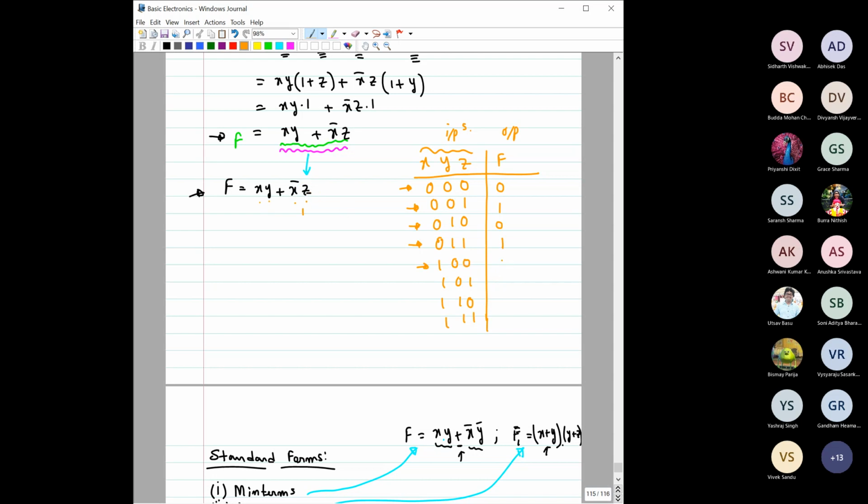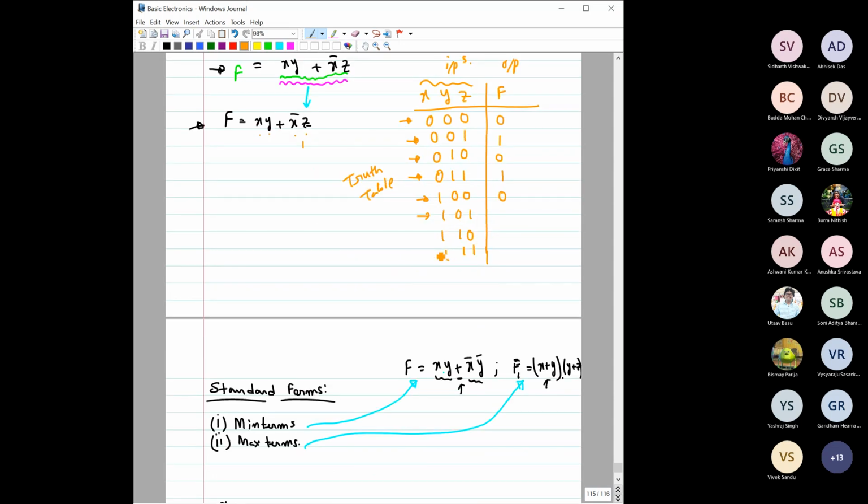Definitely it becomes 0. Then we'll see this one. So you have understood, I think, let us not do it again. This process you can use, and you can make the truth table from this expression, right?